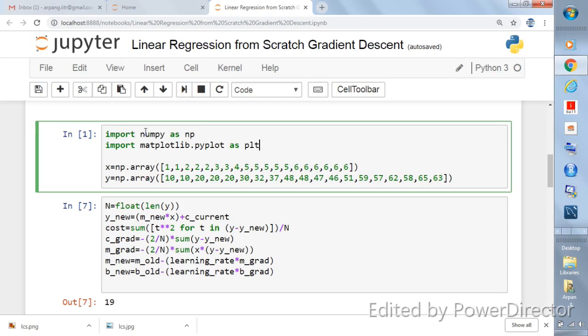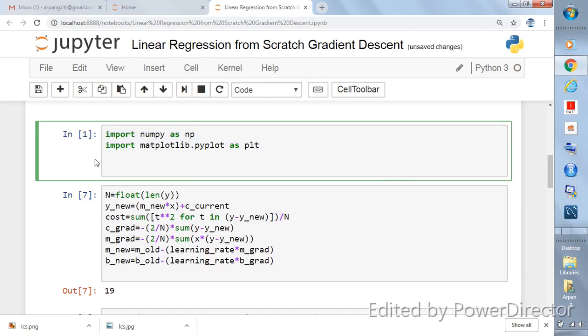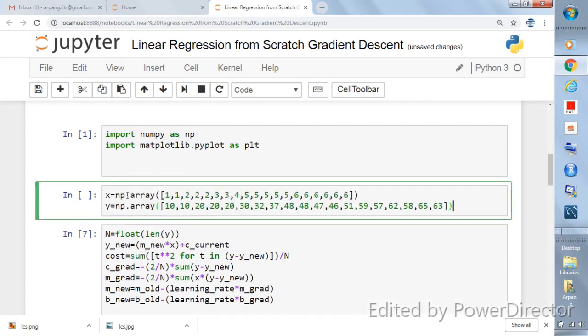Now once we have imported these two libraries, we will be running this x and y.